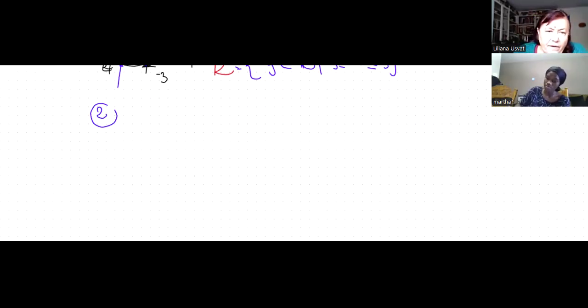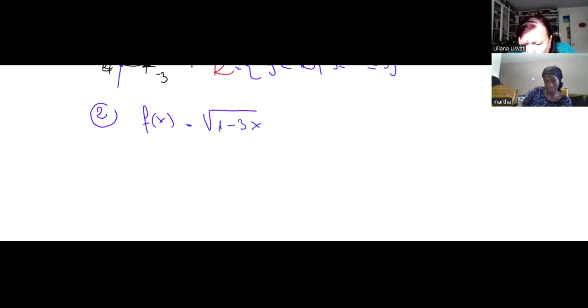We have f of x equals square root of 1 minus 3x. And then determine f of -1.